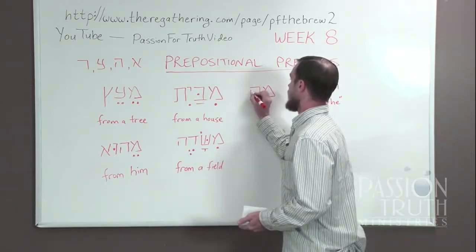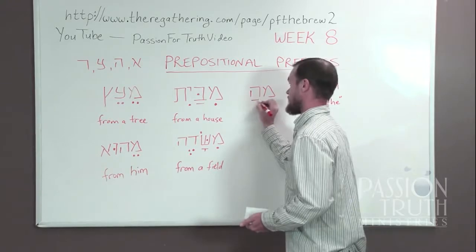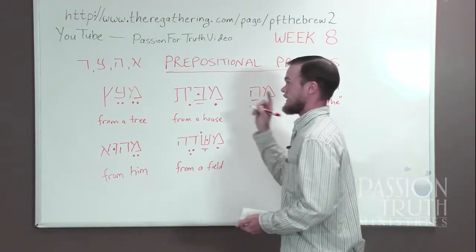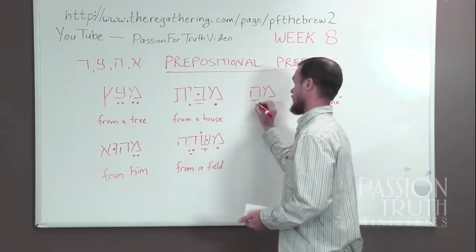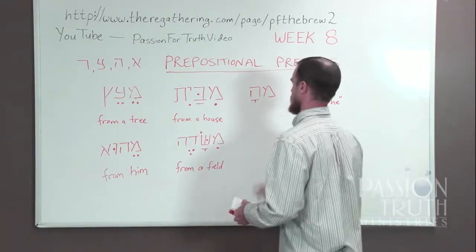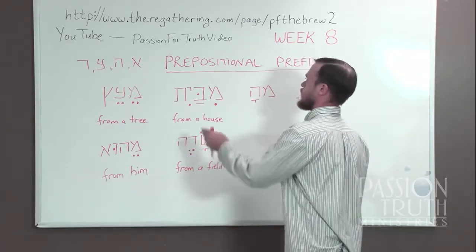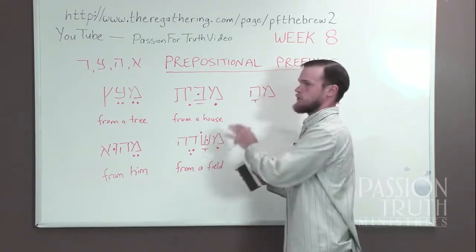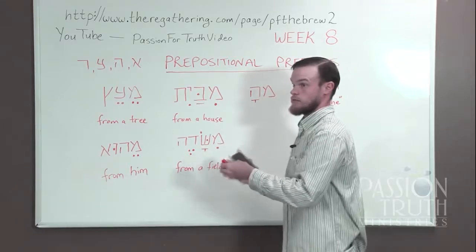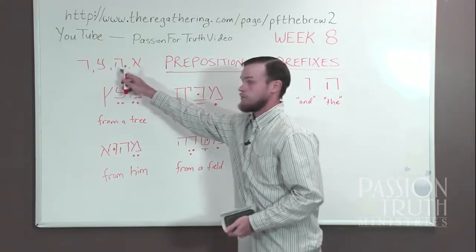The hey will follow the normal rules of definite articles, so it'll usually take a patach, but if it's in front of an aleph, an ayin, or a resh, it'll take a kametz. And then there's another possibility in which it takes a segel, which I haven't covered yet, but in any case, whatever rules would normally apply to the definite article will apply to this hey in this case. And the mem, because it's in front of a hey, will take a tzera.